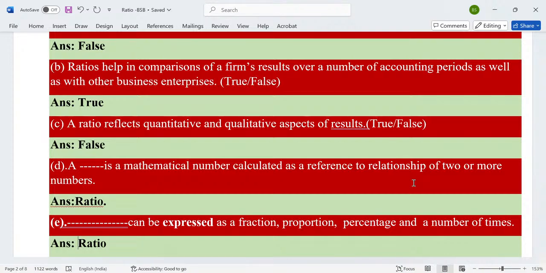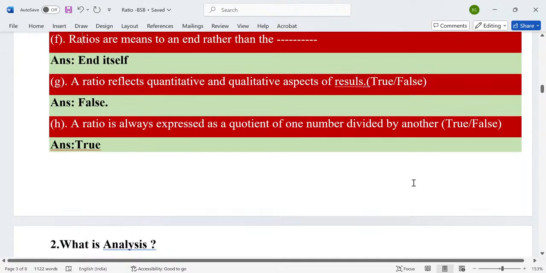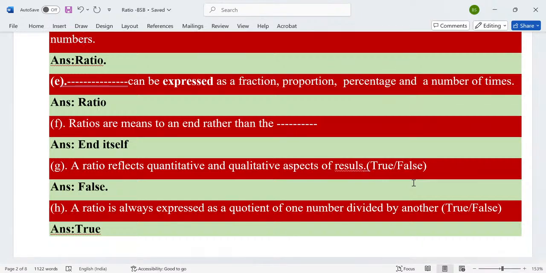Answer is ratio. Question F. Ratios are means to an end rather than the dash. Answer is the end itself.